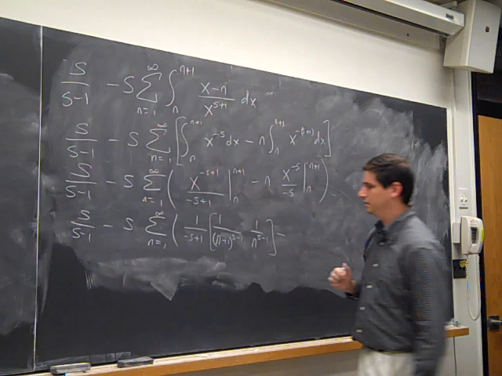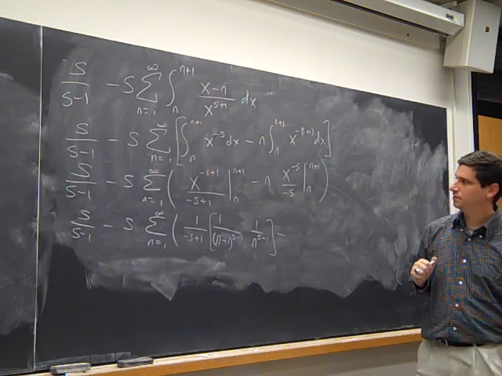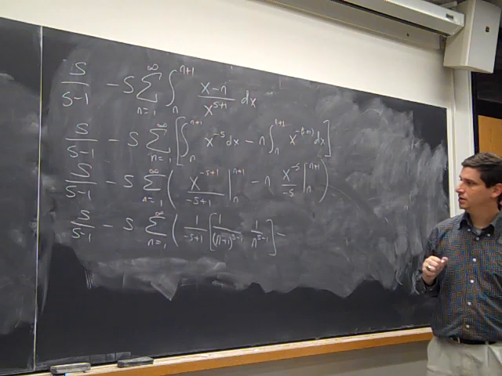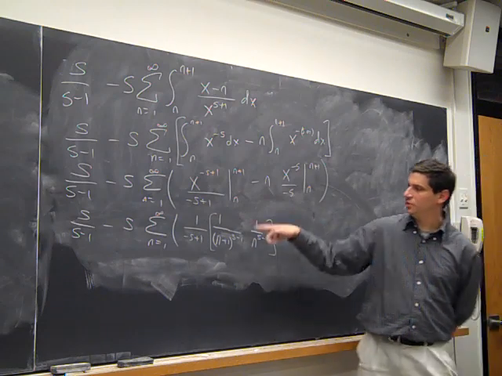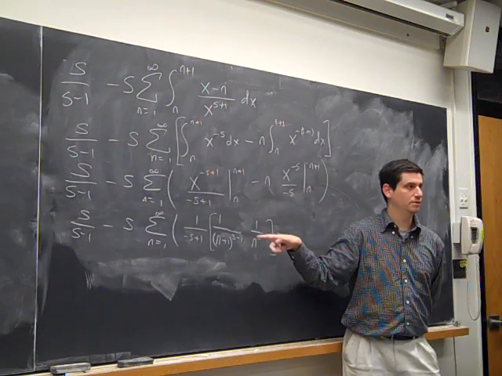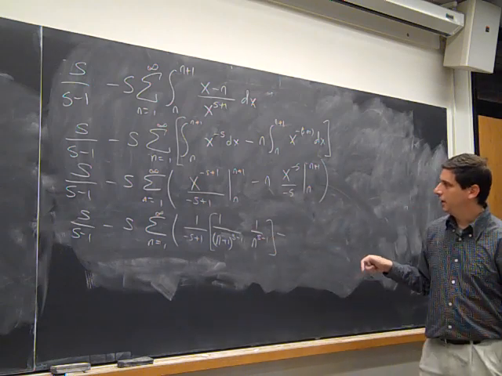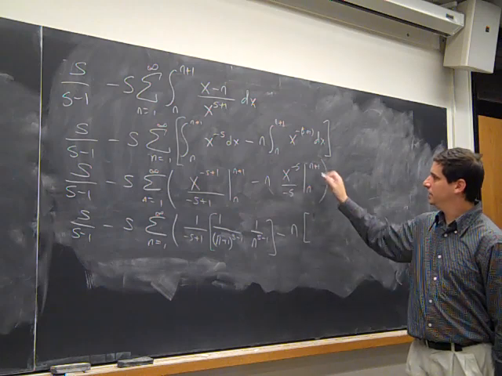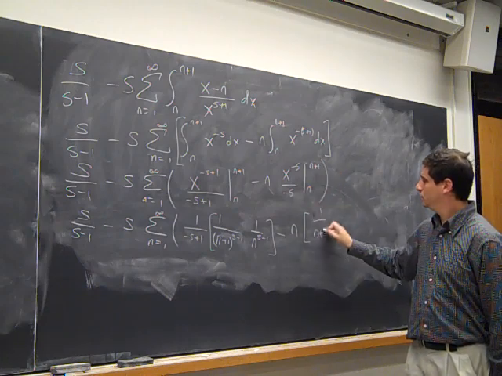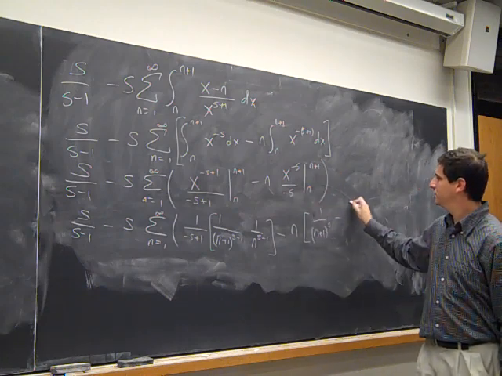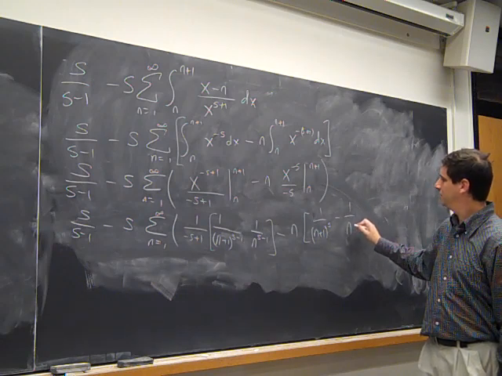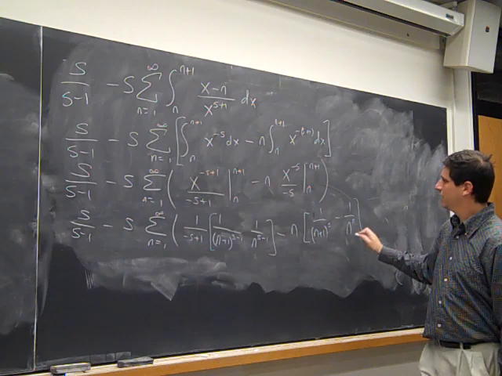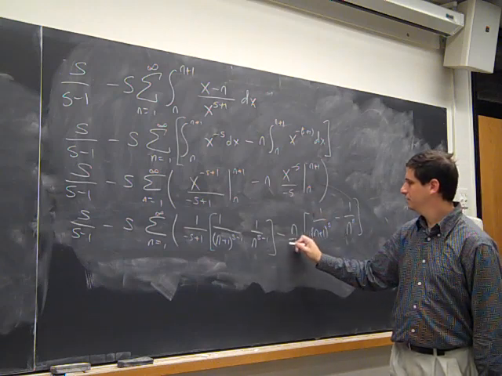Aren't the s minus ones negative s plus ones? Right, but I'm putting them in the denominator now. And now over here, minus n, and now I have when x is n plus 1, I'll have 1 over n plus 1 to the s minus 1 over n to the s, and I have a negative s over here.